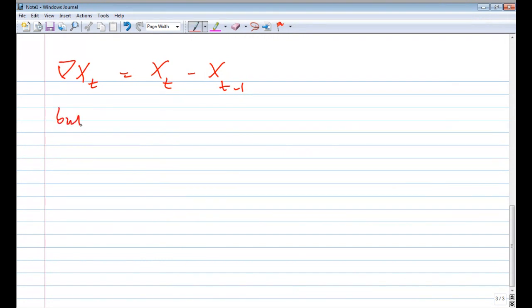But xt minus 1 is equal to bxt. It has to be noted that xt minus 1 equals bxt.